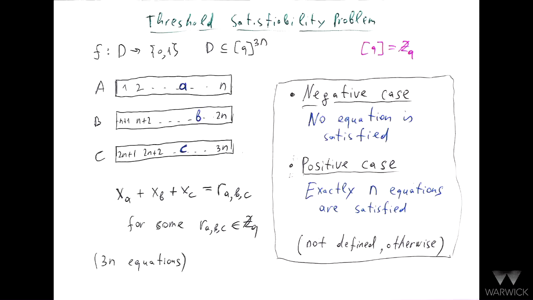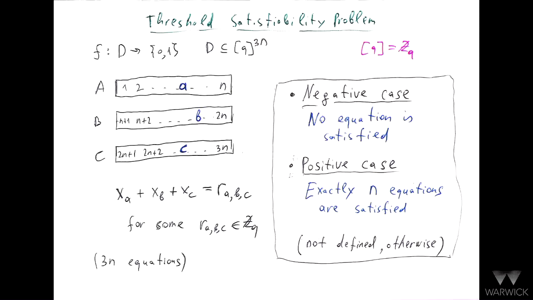Then I consider n cubed equations, each of the form xa plus xb plus xc equals some value r(a,b,c), where a comes from the first set, b from the second set, and c from the third set. This gives n cubed equations.